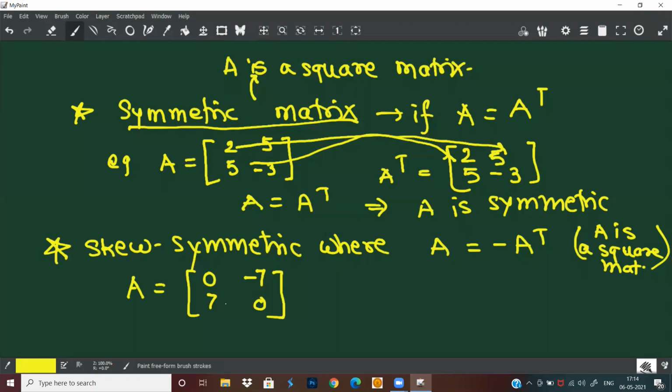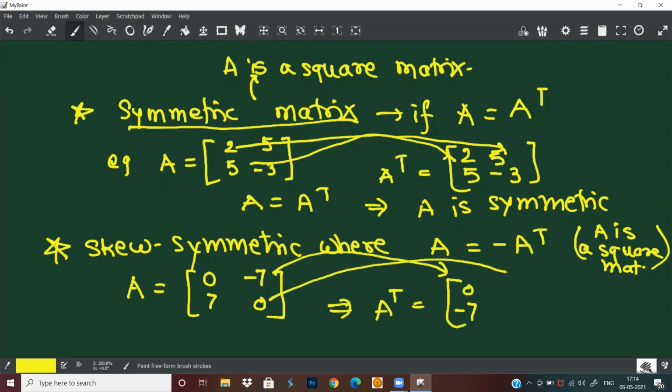Skew symmetric, where the matrix A is minus of its transpose. Let's first write the transpose. First row will become first column, 0 and -7. Second row will become second column, 7 and 0. Therefore, minus of A transpose.